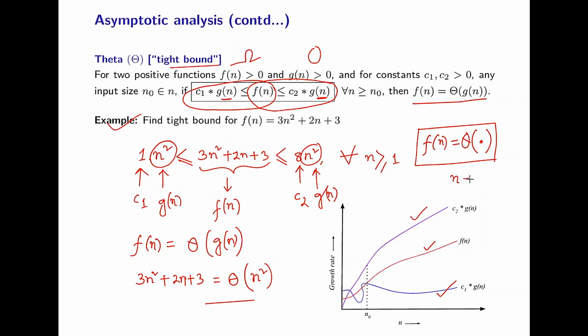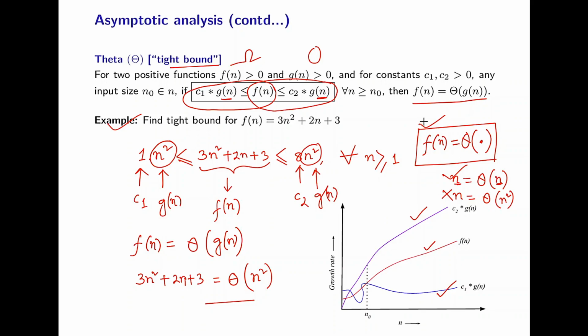So here you see, if I say n equal to theta n, is it true? Yes, it is true, and it is the only correct thing. I cannot write n equal to theta of something else here, theta of log n or n square or whatever. Those all will be wrong, because this thing should be equal to f(n) in case of tight bound. That's why it is tight, right?